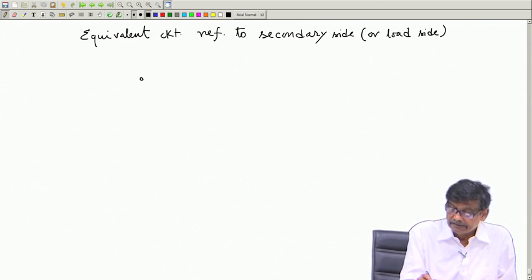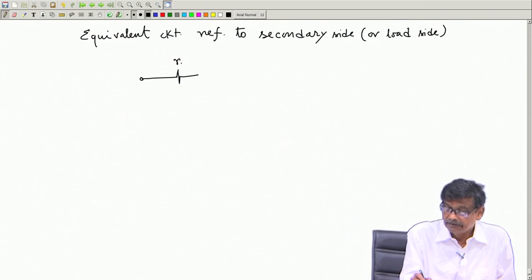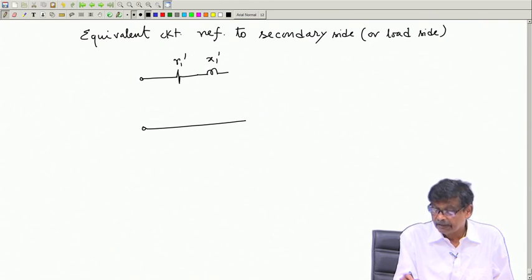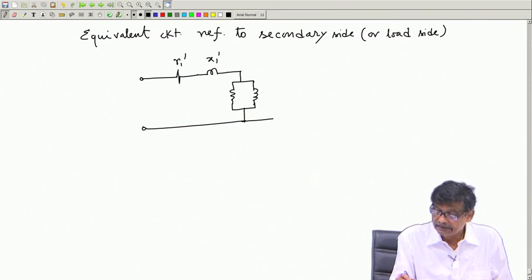It will remain same, except that this one will become R1 dashed, this one will become X1 dashed. Here those two parallel branches should be like this, and these two should not be disturbed.